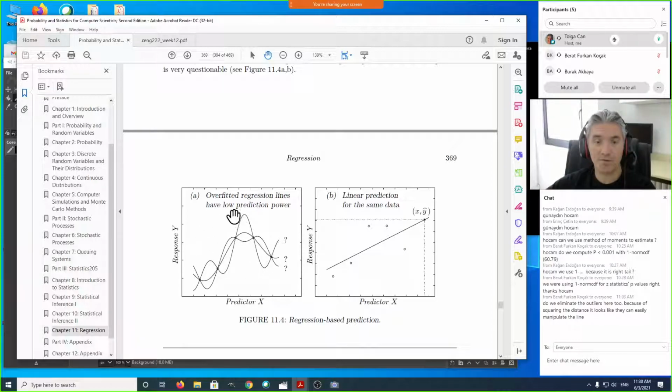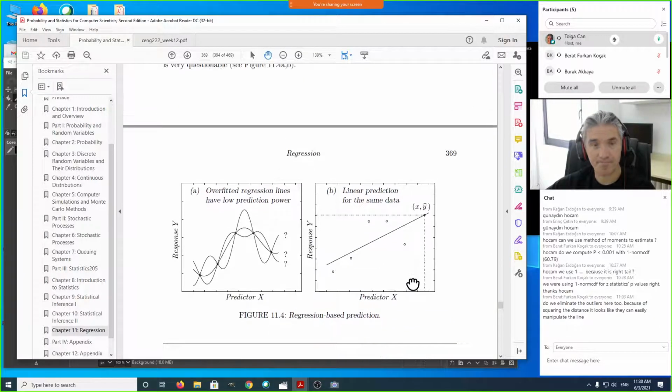It perfectly matches the training data, but each of them makes different predictions as to how it's going to behave for different values of x that we don't have in the training data. So we don't want overfitting like this. In most cases, the simplest model, like a line, a linear prediction on the same data, is going to give us good results.